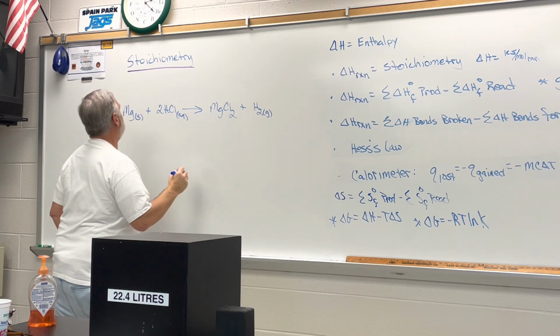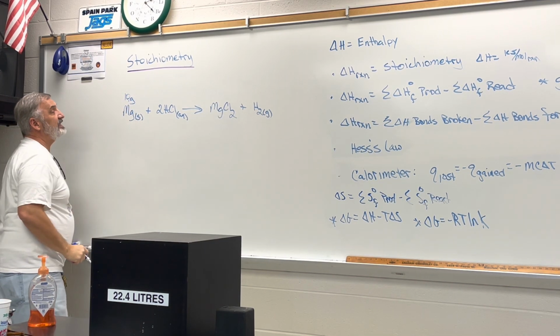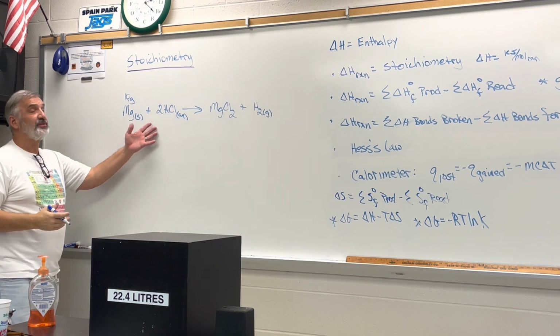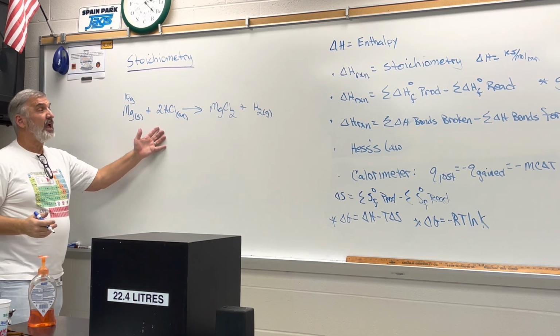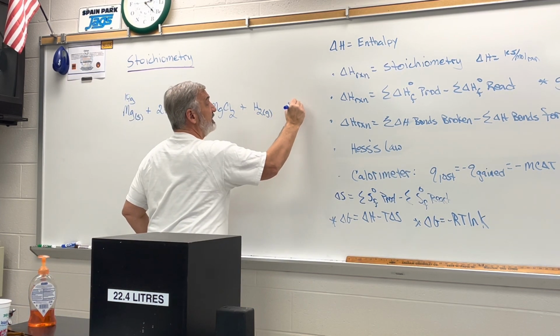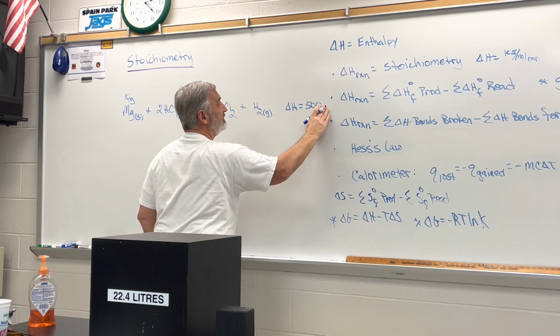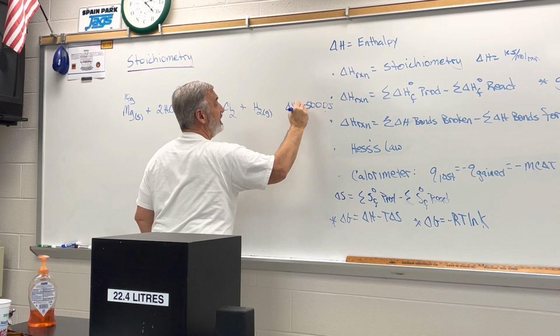Okay, but we say if 10 grams of magnesium reacts with HCl, and we measure it and we find that the delta H of this is equal to 5,000 joules released, negative.